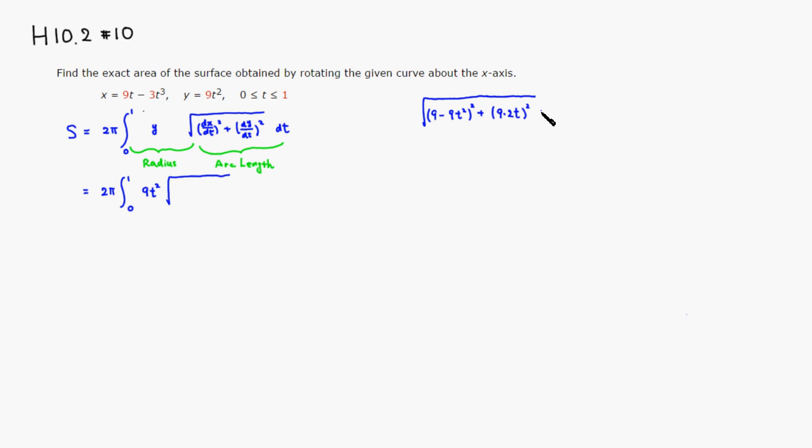Seems like we have a bunch of 9s, so I'm going to factor out a 9 squared: 1 minus t squared, plus 9 squared times 4t squared.